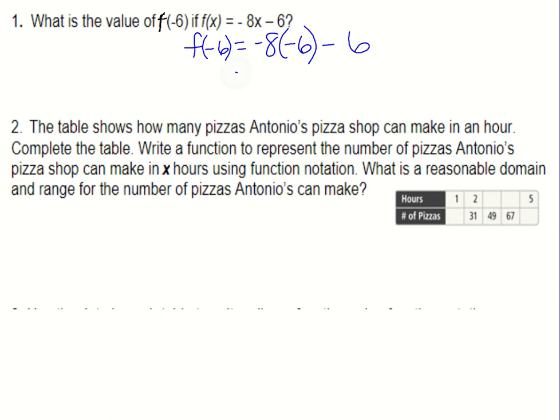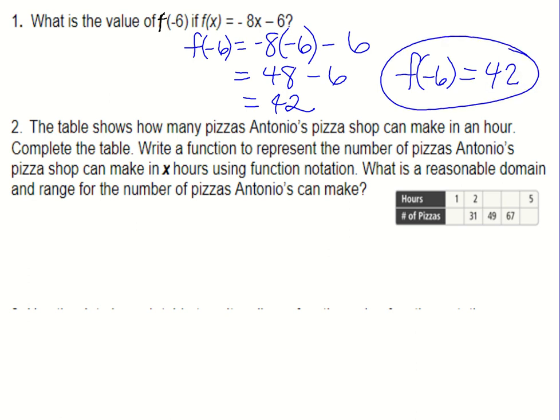So we get positive 48, because negative times a negative is a positive, and 8 times 6 is 48, and then we're going to minus 6, so we get 42. So the function at negative 6 is 42. There you guys go. So you can see it's exactly like our equations, except we're just changing y to say f of x, or f of what.